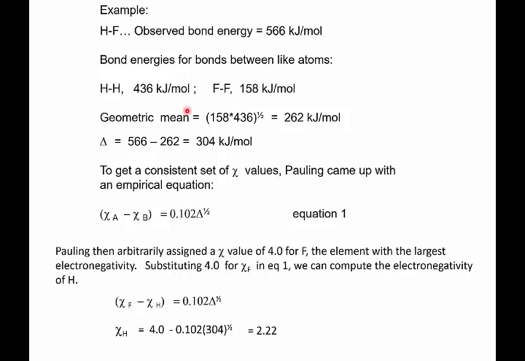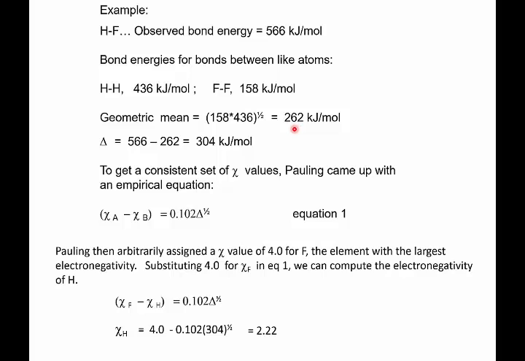For the geometric mean, you take the square root of the product of the two values. The arithmetic average would be to take the sum of two values and divide by 2. Here we're taking the product of the two values and taking the square root of it. If you take the geometric mean of these two values, you come up with 262 kilojoules per mole.